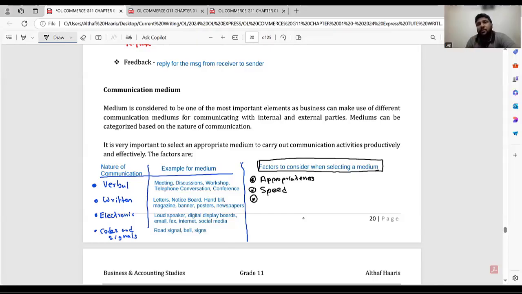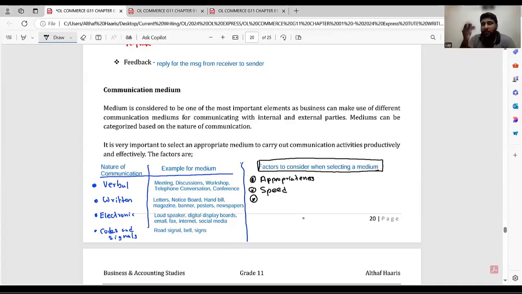And cost. If you don't want to spend that much to send the message, if you want to deliver the message at a lower cost, let's take an example. I want to tell you class is cancelled. If I write a letter, I have to buy an envelope, 10 rupees. A stamp, another 10 rupees, 20. A4 paper, 5 rupees, 25.